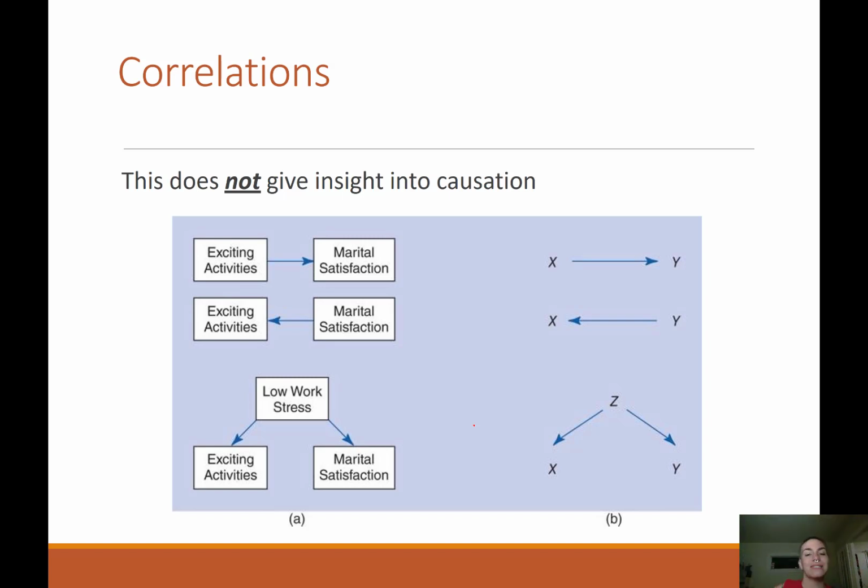For example, this variable, we'll call it Z, could be low work stress. So people who are not that stressed at work have higher marital satisfaction, and also people who are not that stressed at work will have more time to engage in exciting activities with their partner. So in this case, it's the work stress level that's causing both of our observed variables.